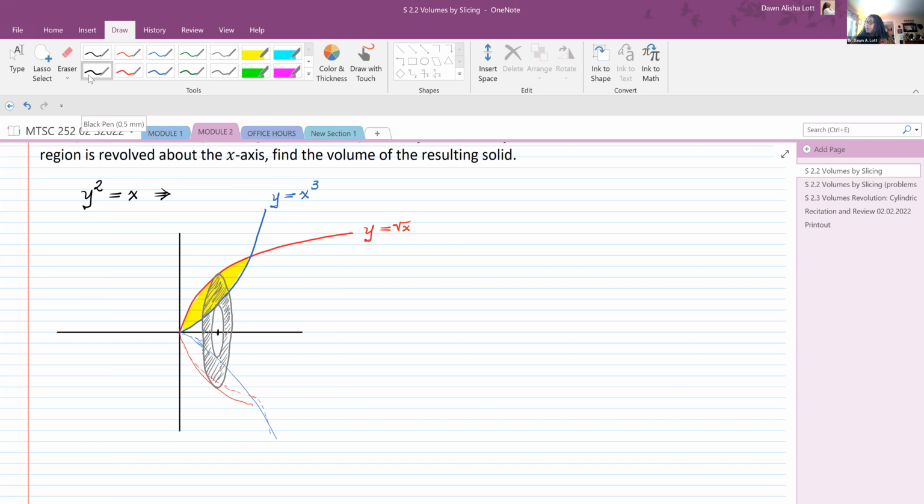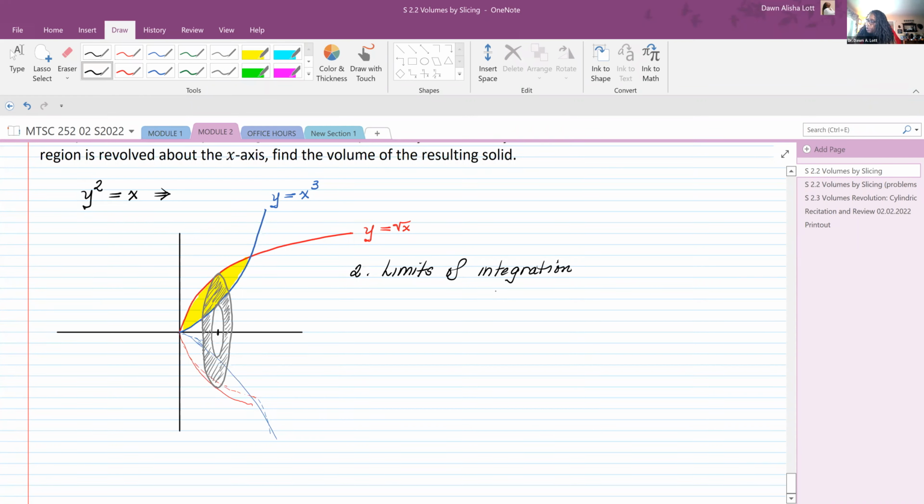Okay, so now I need to find a couple things: my limits of integration, and then my two radii.